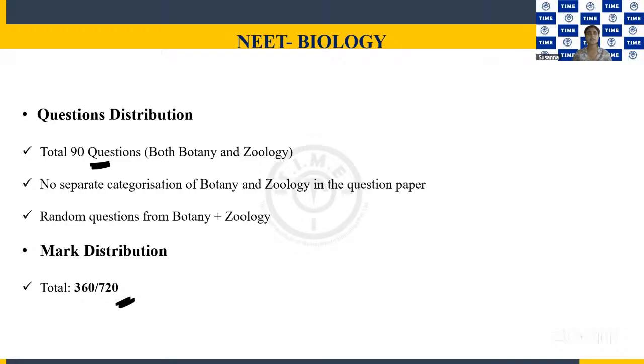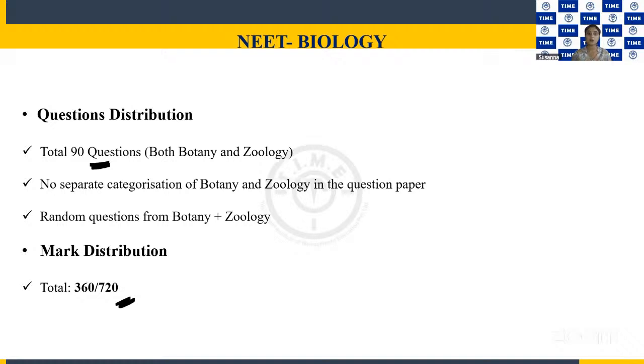No categorization, they are putting random questions from zoology and botany. You cannot say 45 are coming from botany and 45 from zoology. No, any number of questions can come from either. It's just random. There is no fixed number of questions separately from botany or zoology.